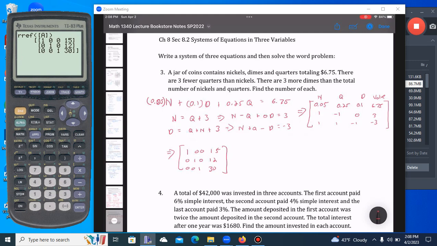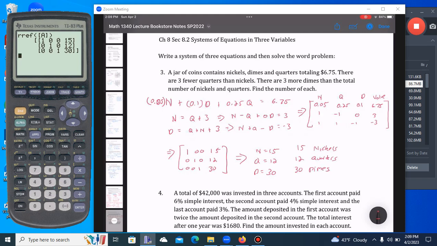So that is basically saying N equals 15, Q equals 12, D equals 30. We got 15 nickels, 12 quarters, 30 dimes.